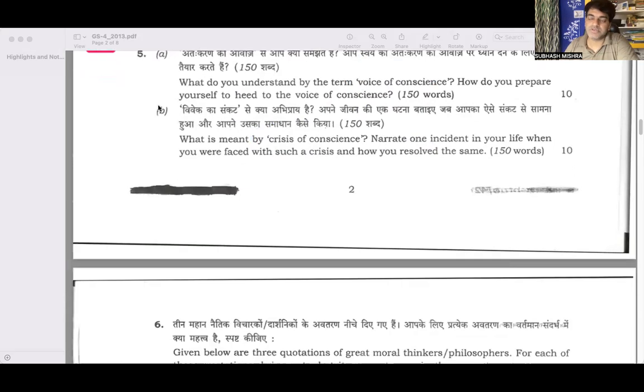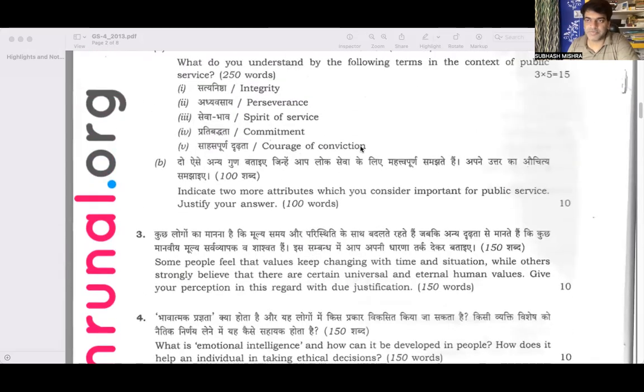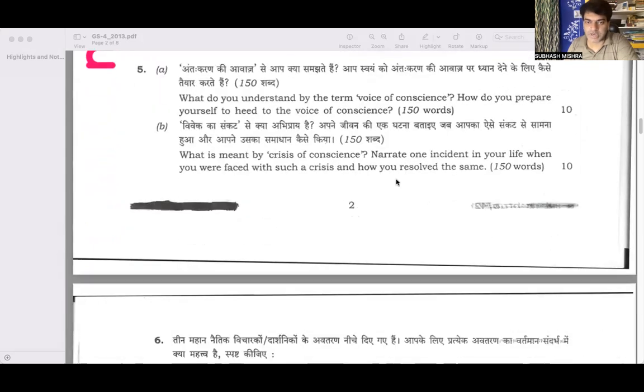Okay. You always have to remember and contrast at the same time while making notes. So what is the difference between voice of conscience and crisis of conscience? And what is the difference between courage of conviction, crisis of conscience, and voice of conscience? Things which look the same should be differentiated also.